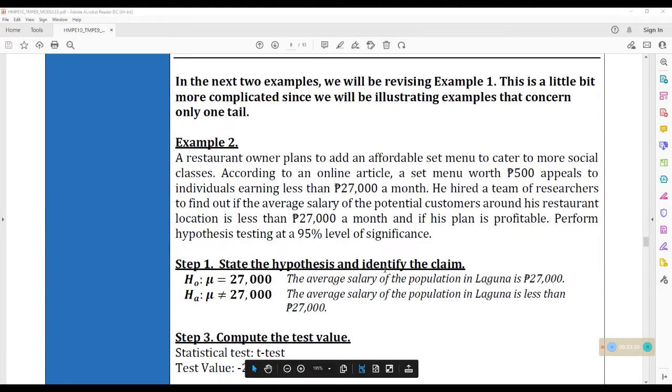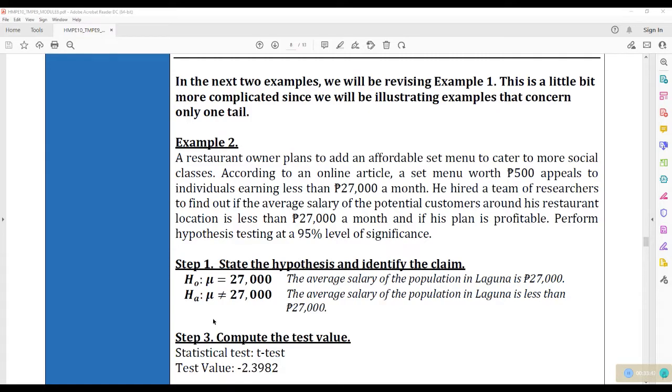Okay, this time, meron tayong dalawa pang example. In the next two examples, we will be revising example number 1. This is a little bit more complicated since we will be illustrating examples that concern only one tail. Pero madali pa rin naman, since kung naka-traditional method kayo, mararamdaman nyo na mas maraming trabaho talaga yung gagawin when you are testing for hypothesis na one-tailed lang.